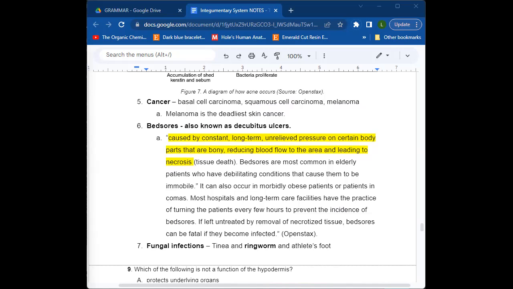And melanoma is the deadliest skin cancer. This is the one that's malignant. Yeah, melanoma is malignant.